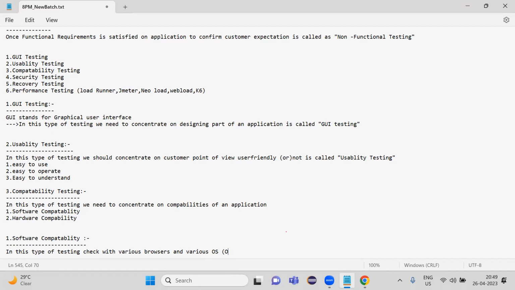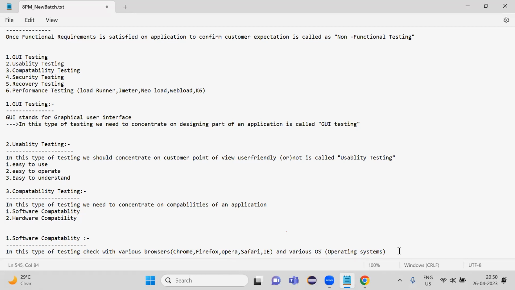OS is nothing but operating systems. What are the different operating systems we are having? What are the different browsers we are having? Mozilla Firefox, Google Chrome, Opera, Safari, Internet Explorer. These are the different types of browsers.